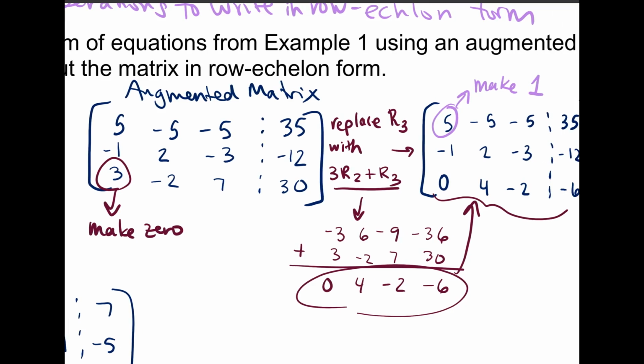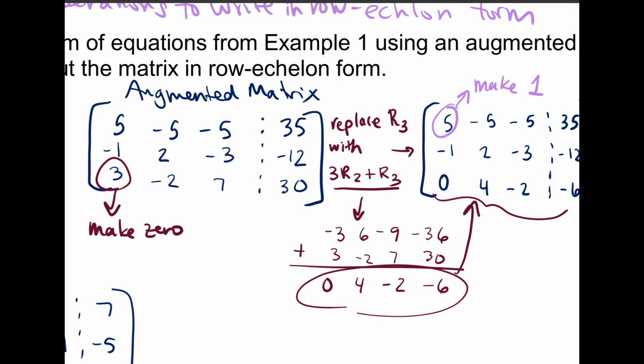All right, so we want to make the bottom left corner 0. So what we did was replace the third row with 3 times the second row added to it. Really what we were doing was taking this whole second row, multiplying it by 3, and then adding it to the bottom. Why did we do that? Why did we multiply the second row by 3?